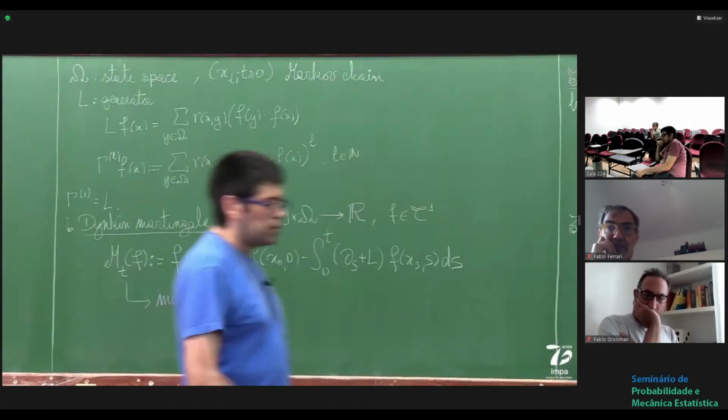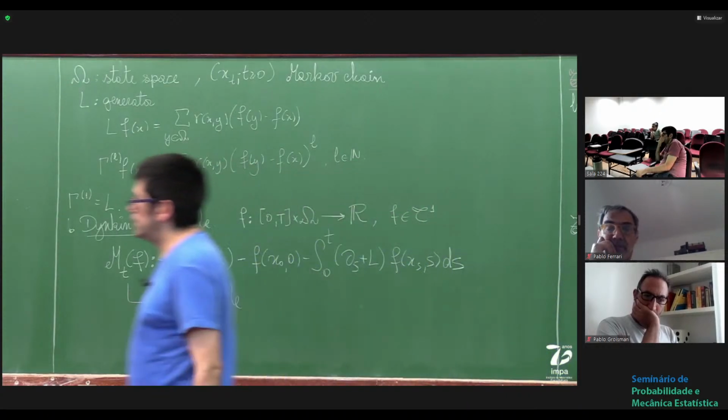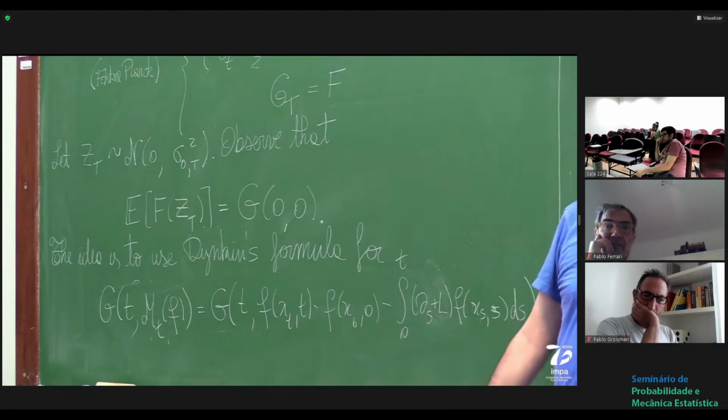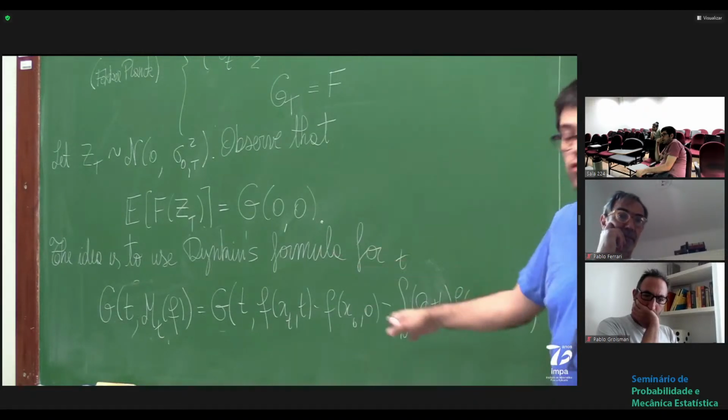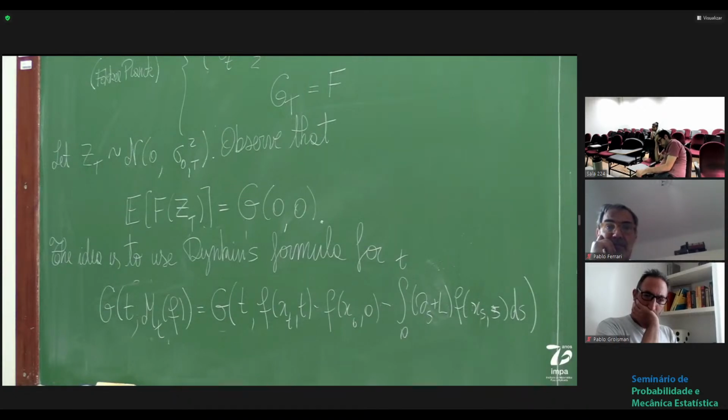So you use Dynkin's formula for this. You compute the generator applied to this function g composed with f, and you start to do Taylor, four times in total, up to degree 4, and then you collect the terms.